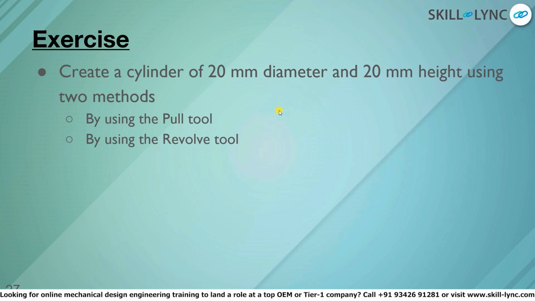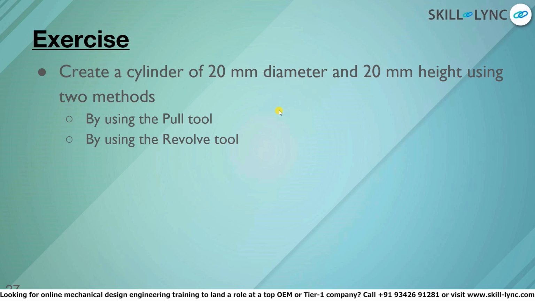So now I'd like you to play around with the Revolve and Pull tools and see how you can create similar geometry using different techniques. I'd like you to create a 20 millimeter diameter cylinder of 20 millimeters height using two methods: using the simple pull tool along an axis and using the Revolve tool around an axis.